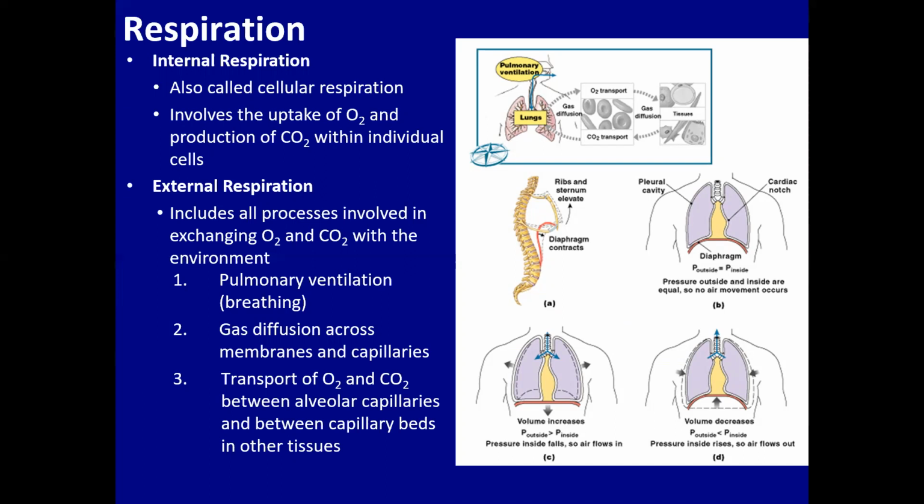So we're not just talking about getting it into the capillaries to attach to the blood. We're also talking about allowing that transport between the capillary beds themselves and the other tissues.